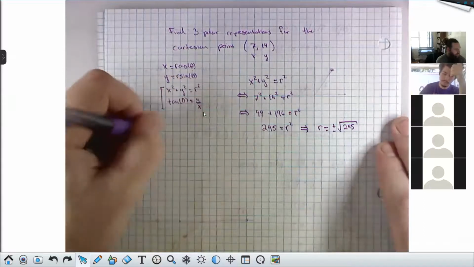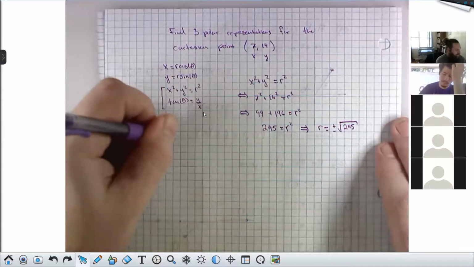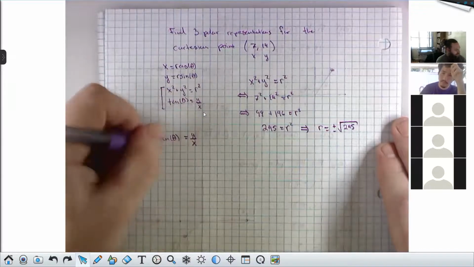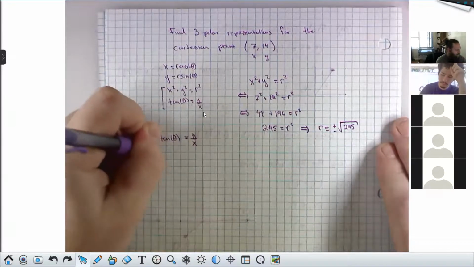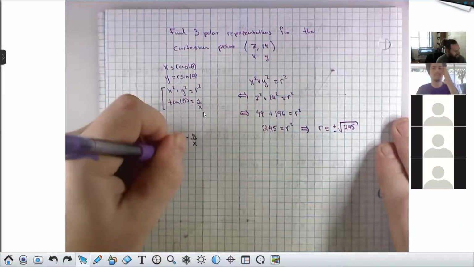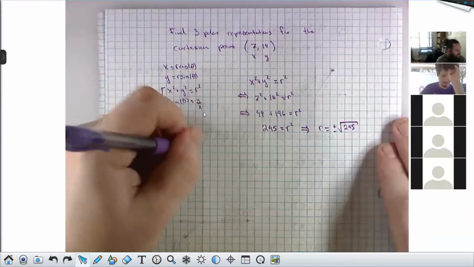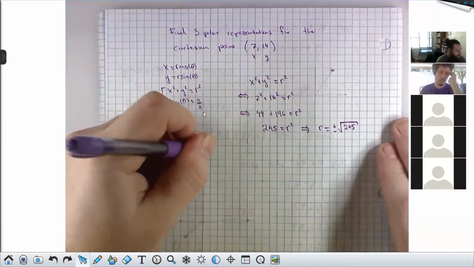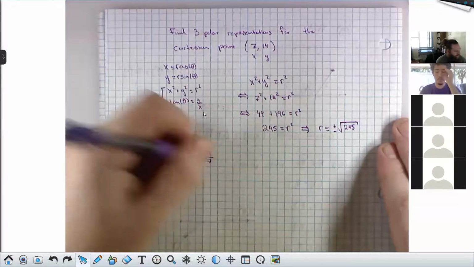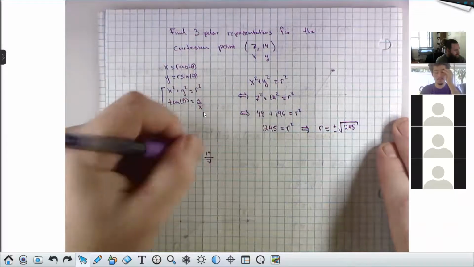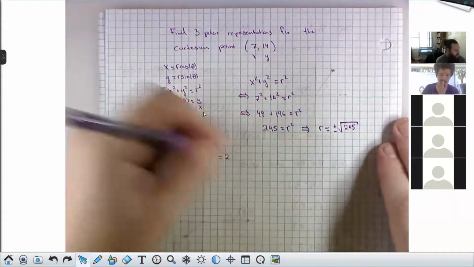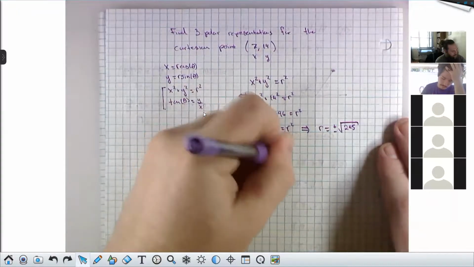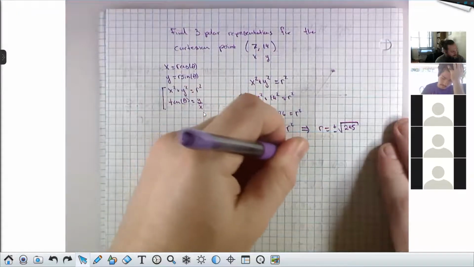So we know that the tangent of theta is equal to Y over X, which in this case means tangent of theta is 14 over 7, which is 2. So theta is the inverse tangent of 2.